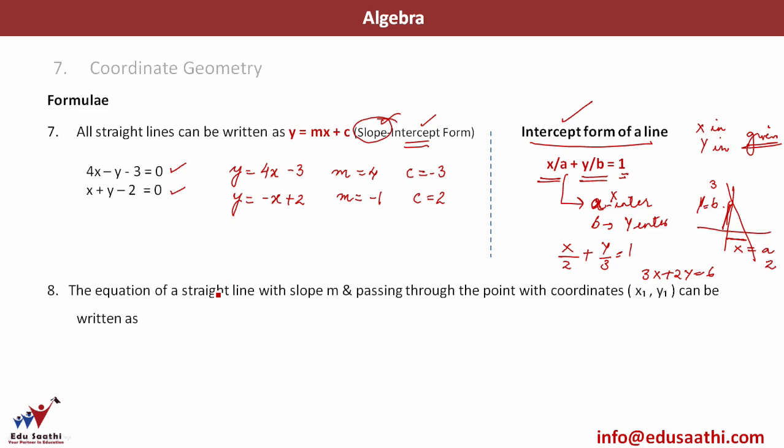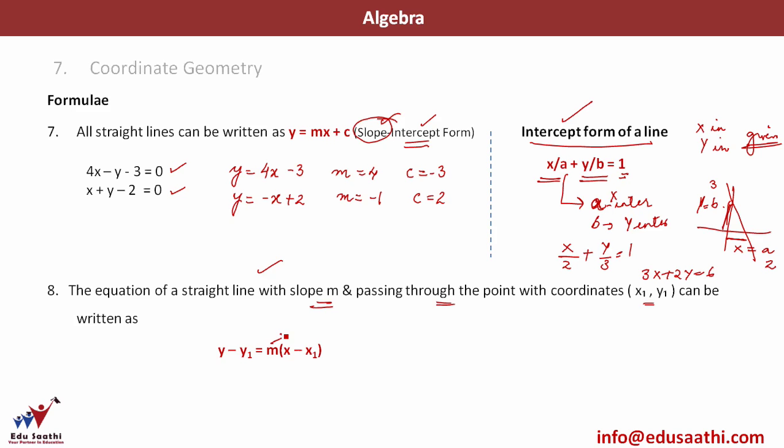The next thing is, I am given the slope and instead of an intercept, I am given a point through which the line passes. So the equation of the straight line with slope m passing through the point with coordinates x1, y1 can be written as y minus y1 equals m into x minus x1.